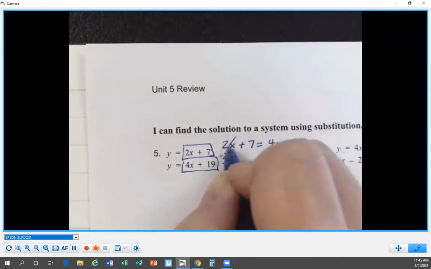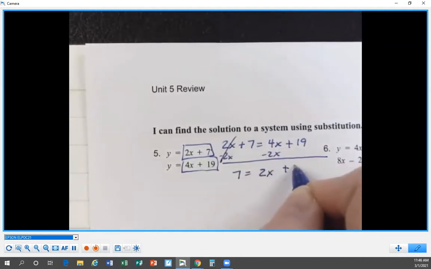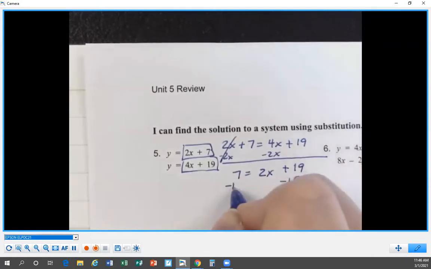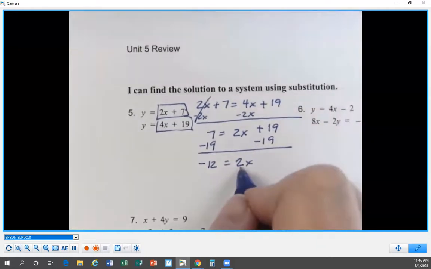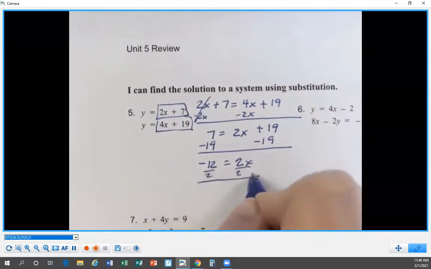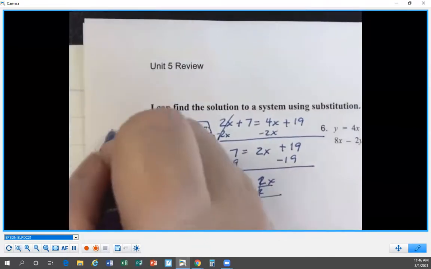This gives us 7 equals 2x plus 19. Then we'll subtract 19 from each side to get negative 12 is equal to 2x. Then divide each side by 2 to get x equals negative 6.